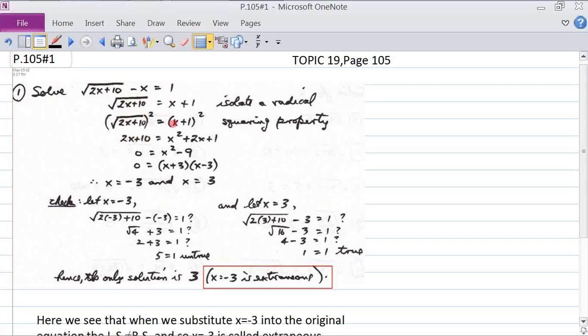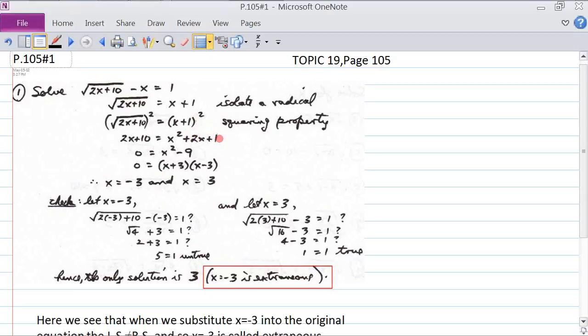We square the x plus 1, we get x plus 1 squared, and that, of course, is the first times the first gives us x squared. The inner is 1x, the outer is 1x, both positive. We sum, they become 2x, and the last times the last becomes this 1 over here.